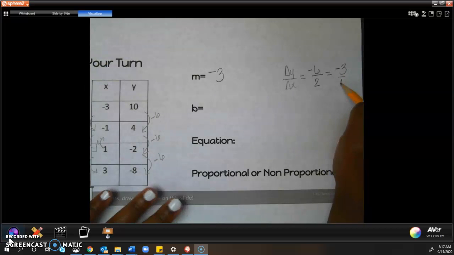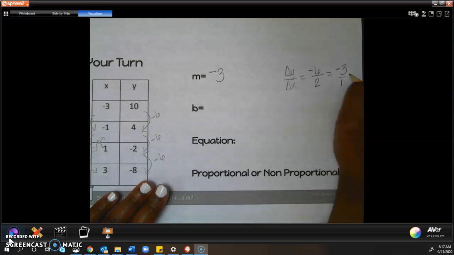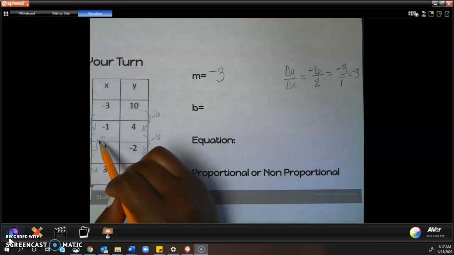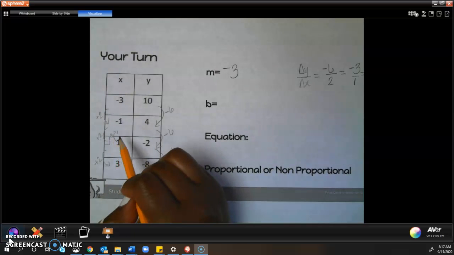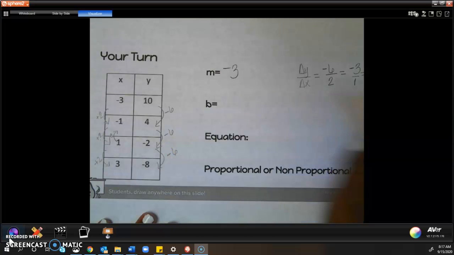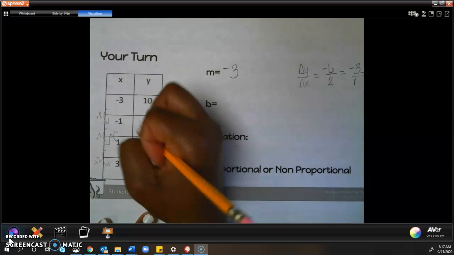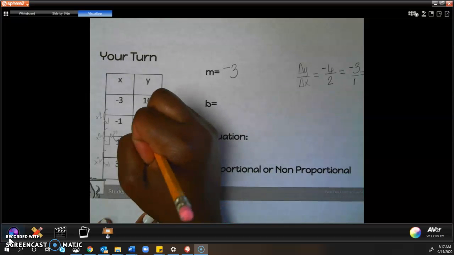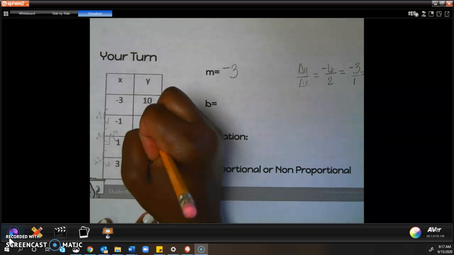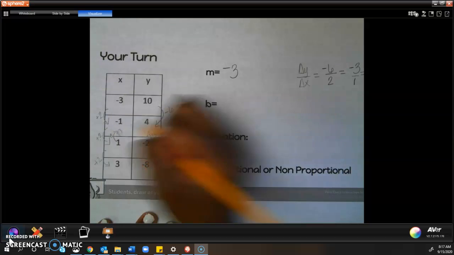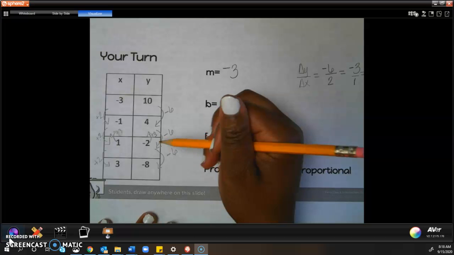So for every 1, I go back 3, which is -3. This time I'm only going back once instead of 2. So instead of going back 6, I'm going to go back 3. So I'm going to add 3 inside, because if this is 0, I need to figure out what my y value is when my x value is 0.